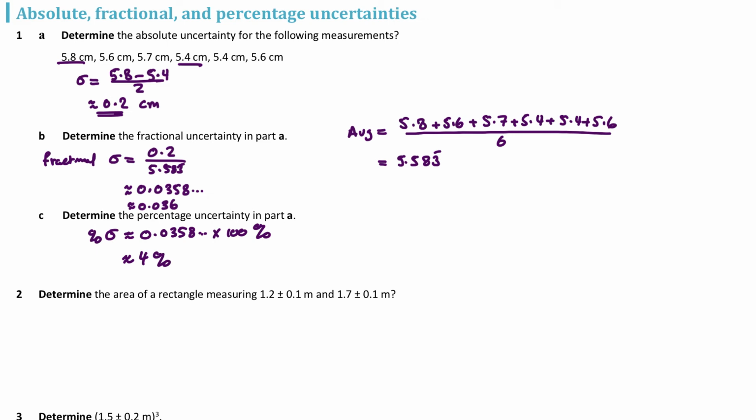In the next question, we're asked to determine the area of a rectangle measuring, I guess, width and length of 1.2 and 1.7 plus or minus 0.1. So let's do this.